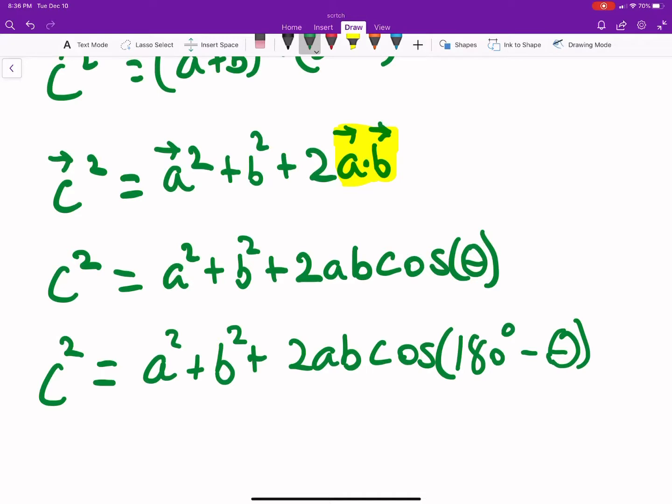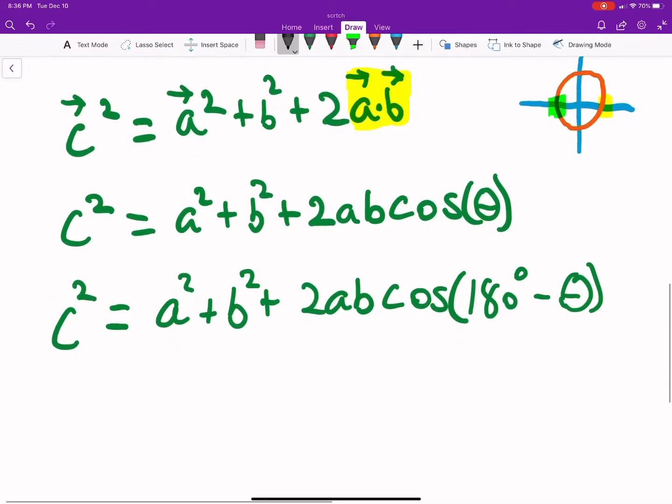Now the 180, that's just going to be a shift if we think of our unit circle. Let's see if I can draw a decent little circle. If I have a point here, and I go 180 degrees to here, instead of it being 1, it's going to be negative 1.